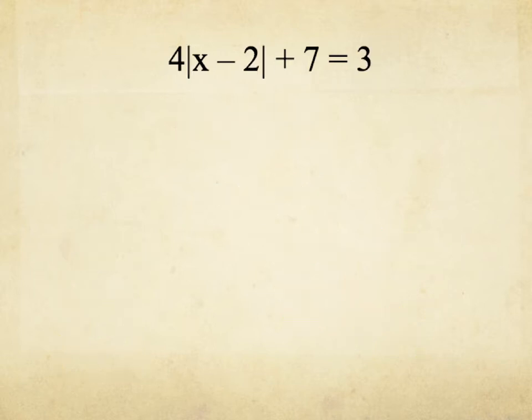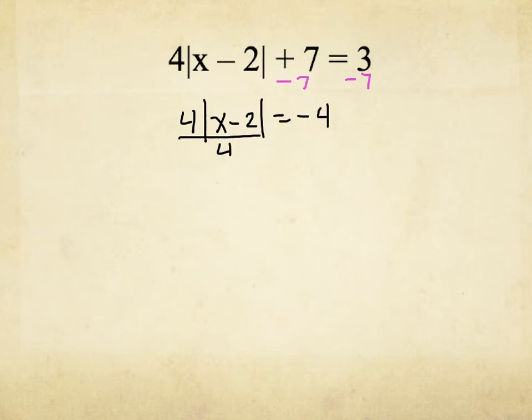Okay, the next example is 4 times the absolute value of x minus 2 plus 7 equals 3. So I need to get everything on one side and the absolute value on the other side. So I'm going to subtract 7 from both sides. And I get 4 times the absolute value of x minus 2 equals negative 4.